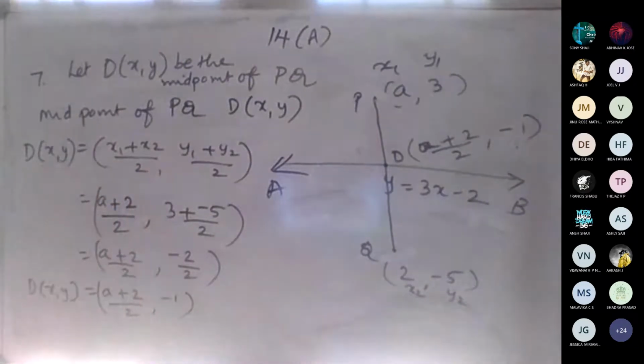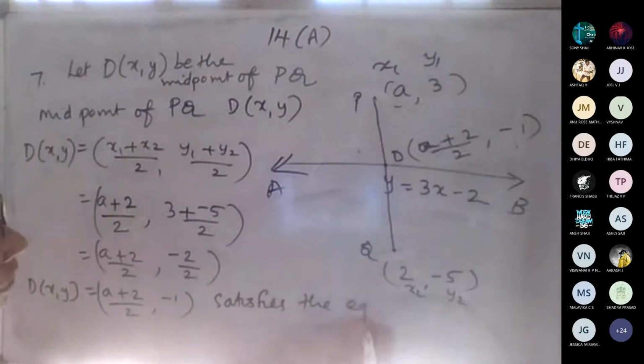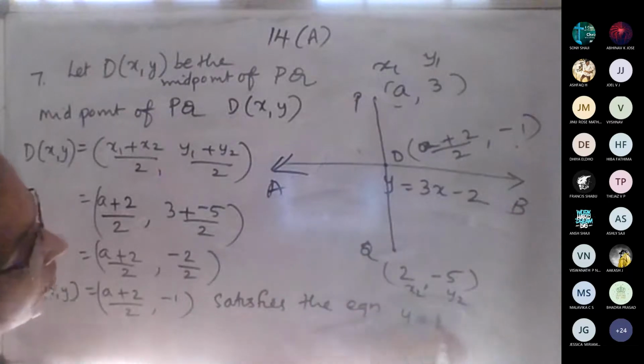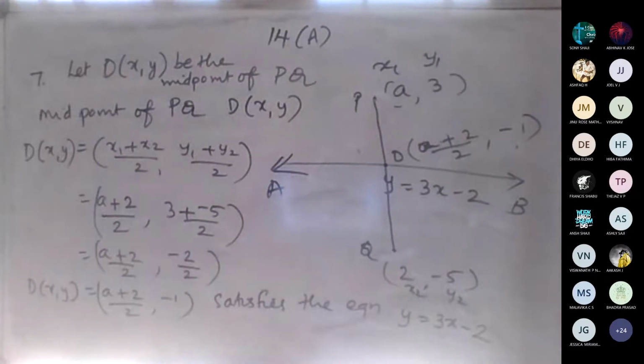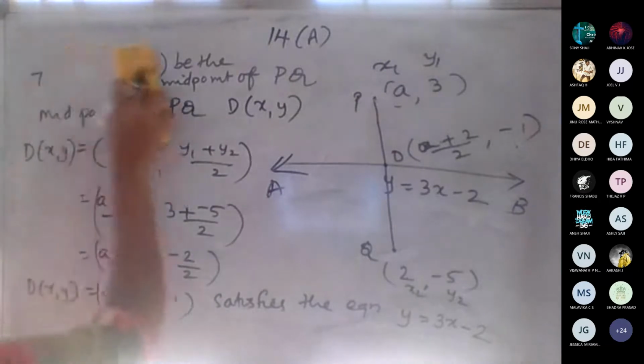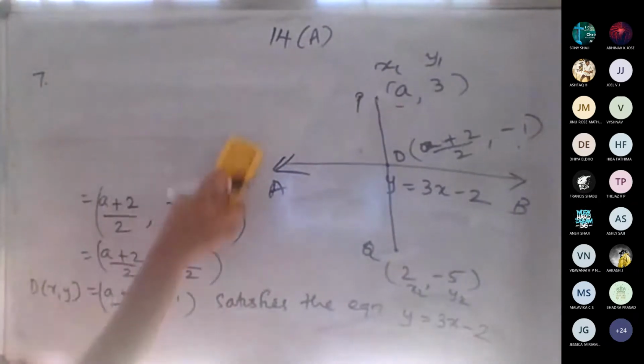D(x, y), that is, the point ((a plus 2) by 2, negative 1), satisfies the equation y is equal to 3x minus 2. If it satisfies, we can substitute.